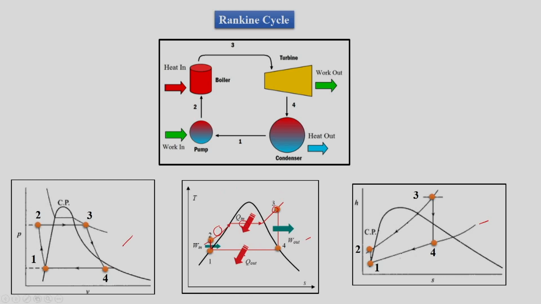This is what we had drawn till now, but we might not have added heat to the extent that we have added here. We might stop heat addition in this state. So, our point 3 can be here, it can as well be here, and further it can be away from here as well. But in such a case, when we come down, we have to come down in such a manner that the condenser line remains at constant pressure.